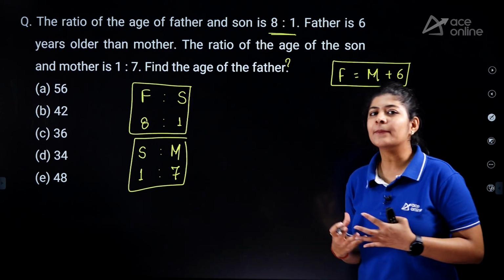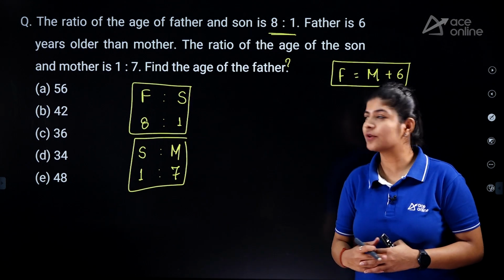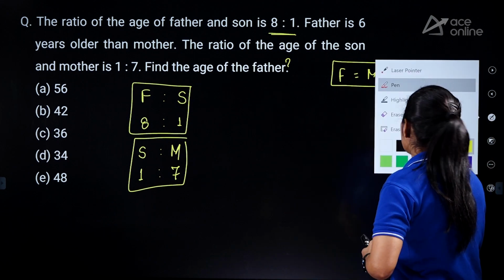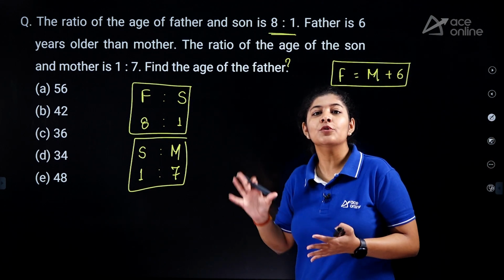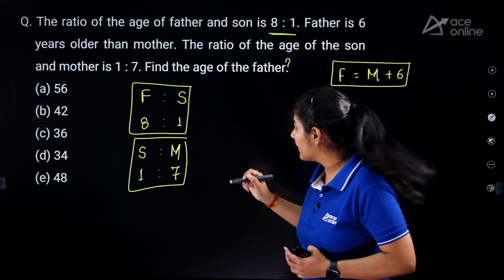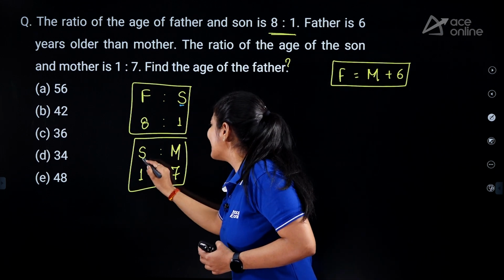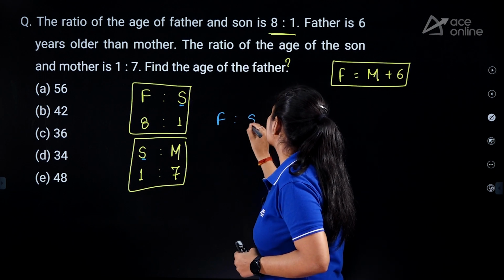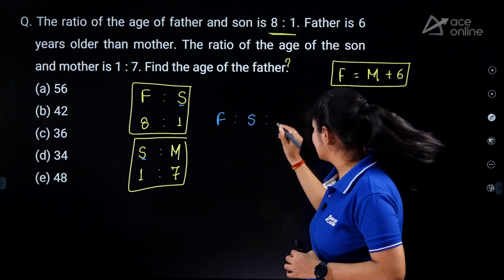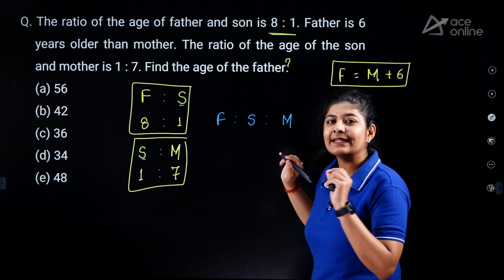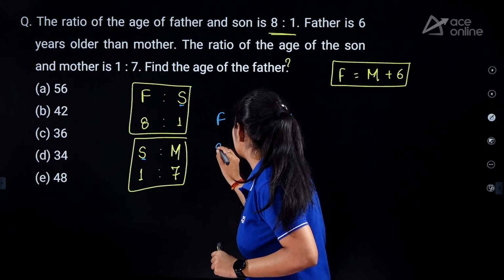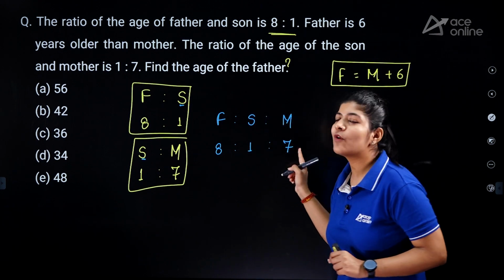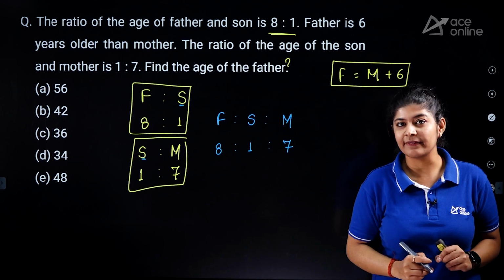Can we write down the combined ratio between father, son and mother? Yes, we can easily do that. Here we do not need to change any factors, because the value for son is the same. So the ratio between father, son and mother is 8:1:7. This is the combined ratio that we have.